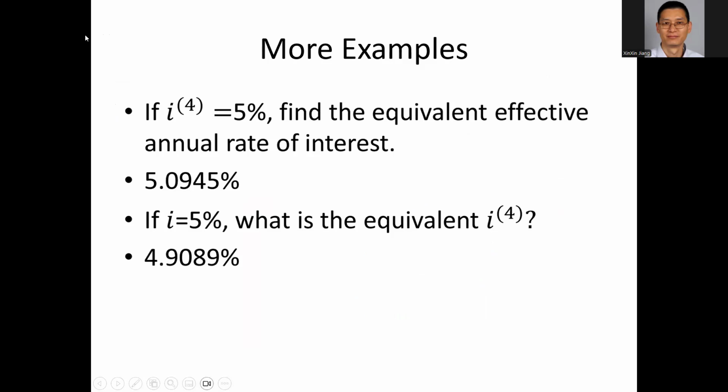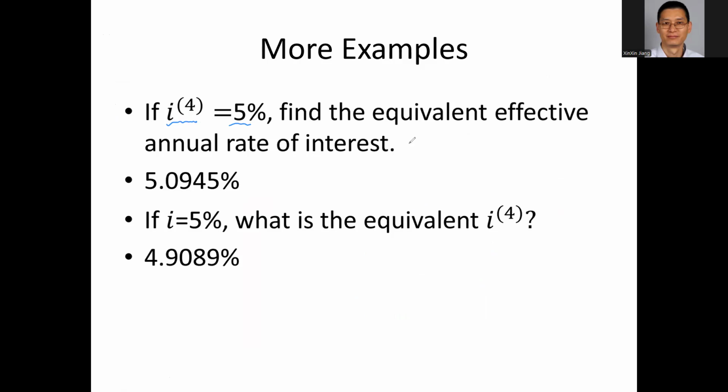These examples are for practicing the relationship between nominal rates and effective rates at different time periods. So first problem, i(4) equals 5%. This nominal rate is compounded 4 times a year, so it's quarterly. And we're looking for the annual rate.